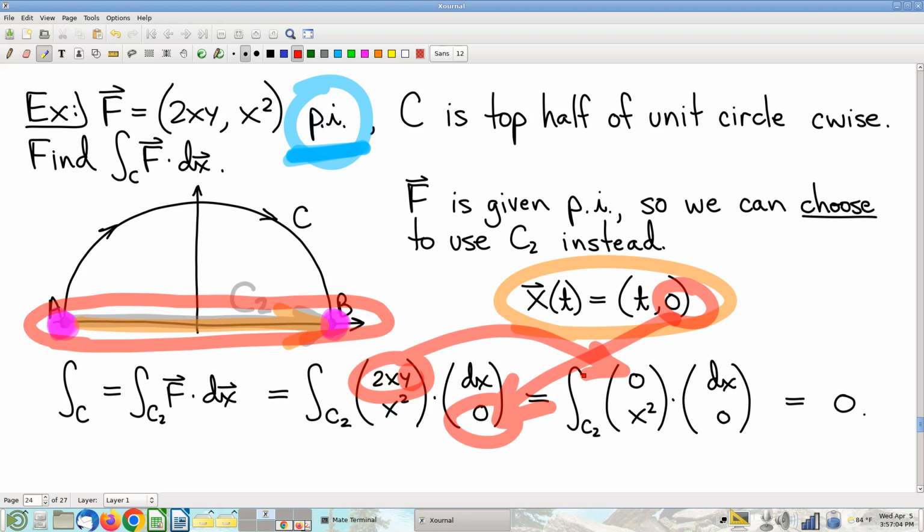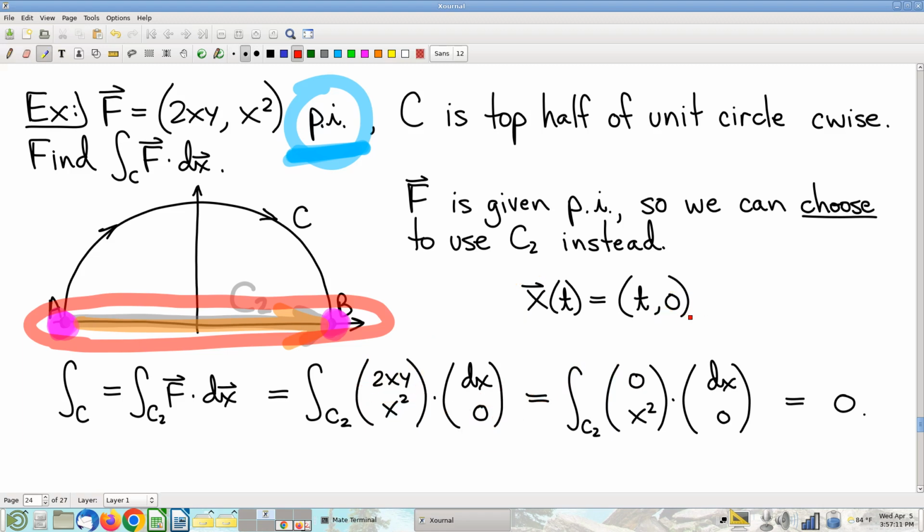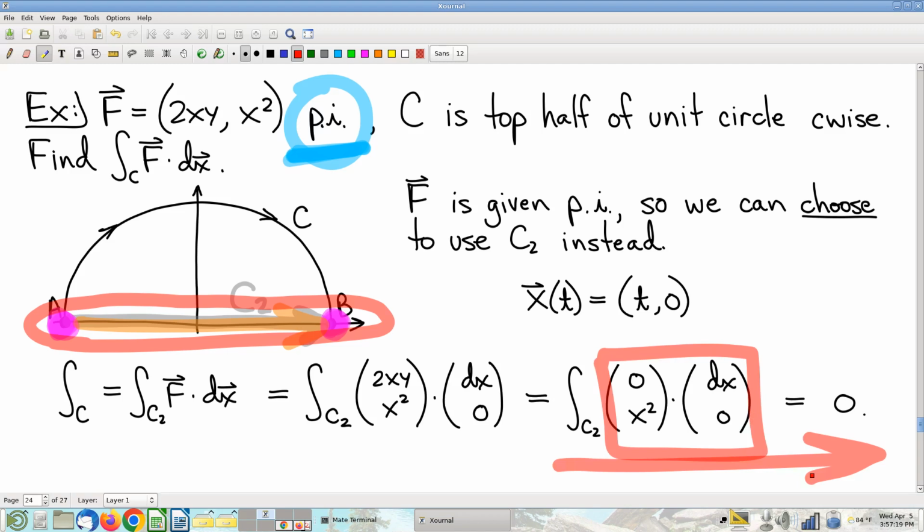So not only does all the trig go away, but furthermore, I end up with the dot product itself just being flat 0. So this is not just merely an integral of a polynomial. This is an integral of 0. World's easiest integral. Everybody see what happened there? Real slick move.